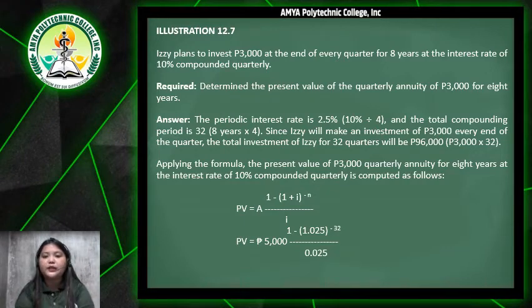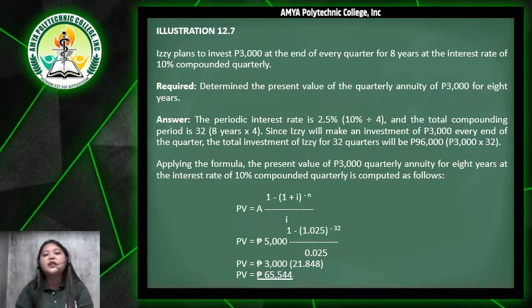That's 3,000, it's not 5,000. And then our interest is 1 plus 0.025 raised to the power of negative 32. So now our present value is 3,000 pesos times 21.848.